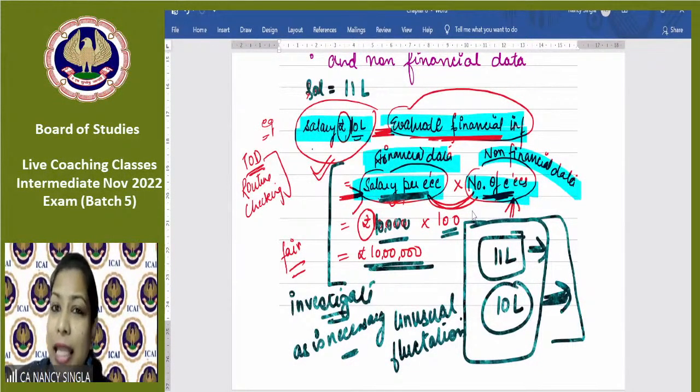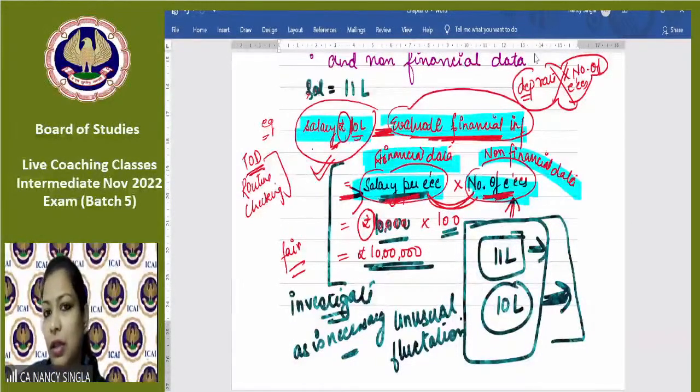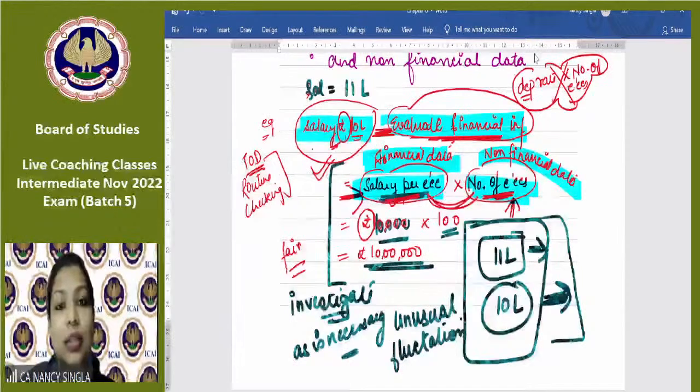Okay? Can the auditor analyze this salary information by considering the relationship between depreciation rate and the number of employees? Obviously not. Why? Because there is no relationship between depreciation rate and number of employees. So when the auditor is evaluating salaries, he will consider the correct relationship among the correct elements.